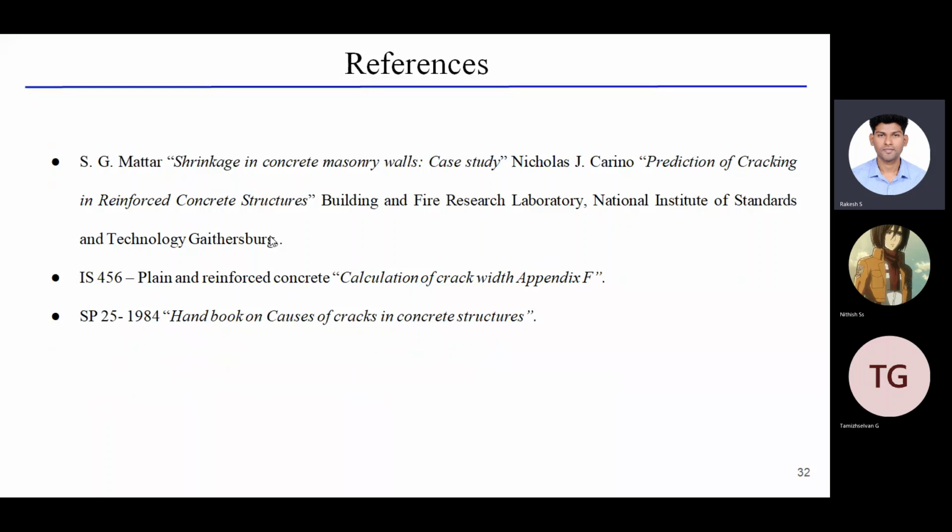Yes, thank you, Nitish. As Nitish and Tamil explained, we have seen the various types of cracks and the techniques that we have adopted. Even though we are structural engineers, we can suggest many types of cracks and repair techniques, but we could not repair our own cracks that are happening in our home.